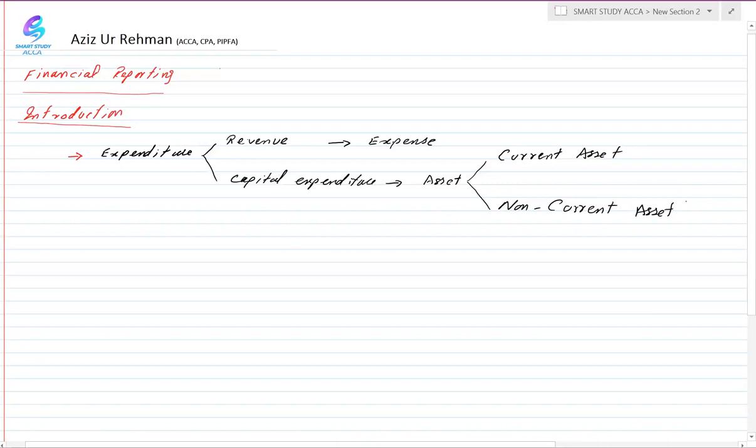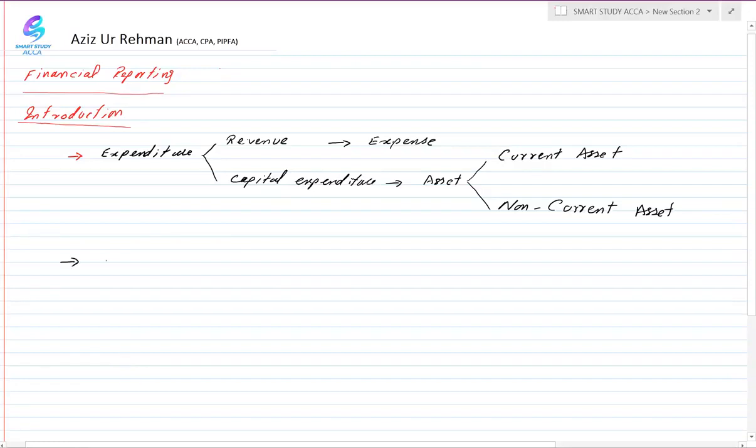So first we will cover what is expenditure, then we will split these expenditures into revenue and capital expenditures, and capital expenditures are called your assets. Then assets will be classified into current and non-current assets, and then we will split these categories.